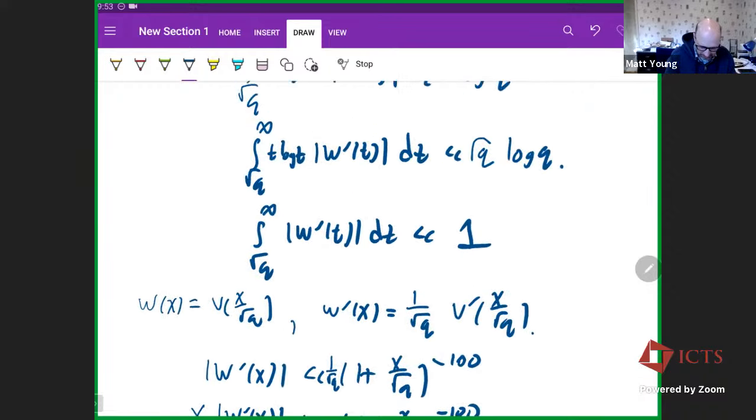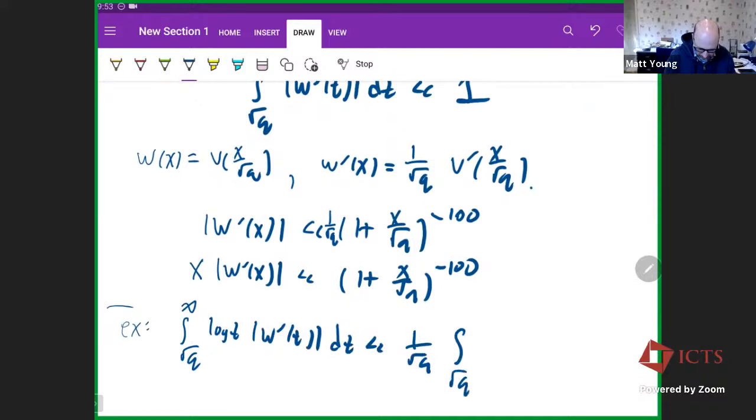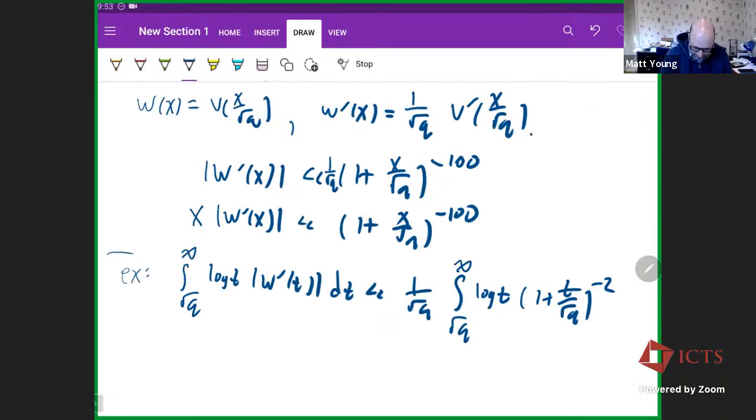So we want to integrate from root q to infinity log t times w prime of t dt. This is bounded by 1 over root q times the integral from root q to infinity of log t times 1 plus t over root q to the minus 2, dt.